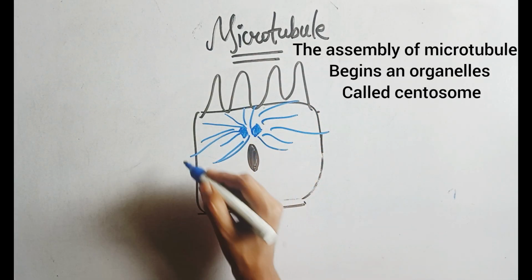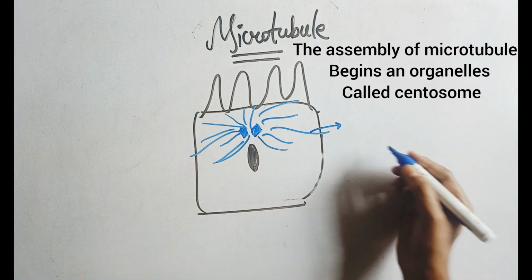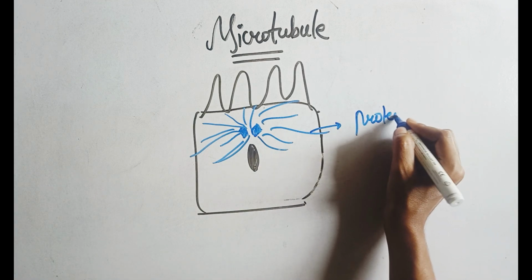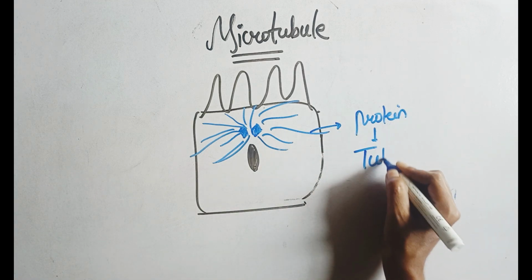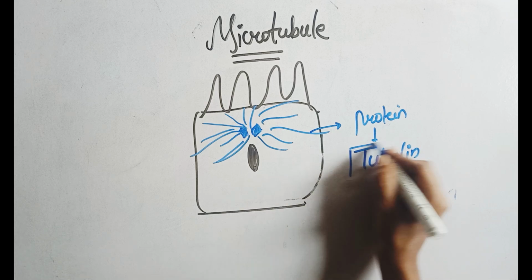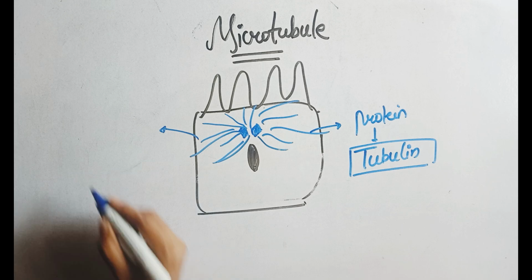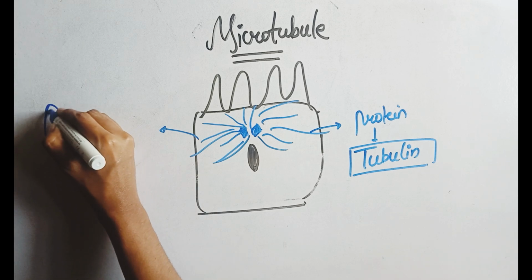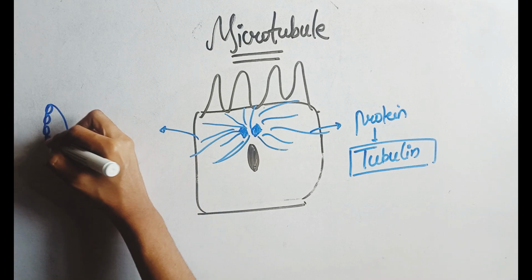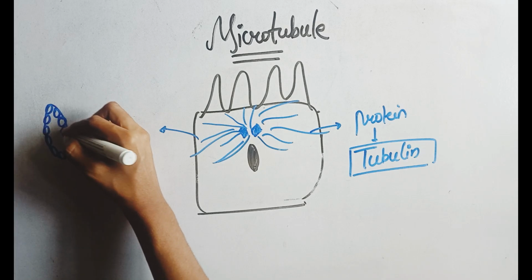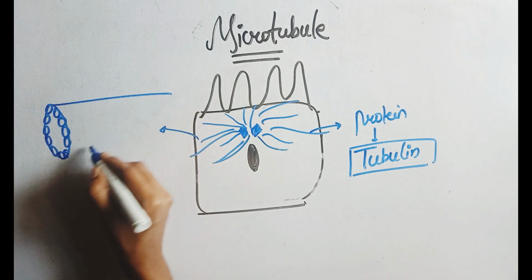These microtubules are made up of a protein called tubulin, that is why they are called microtubules. These are the largest cytoskeleton element, and they are long unbranched hollow tubes.